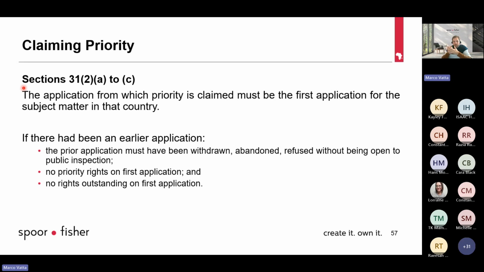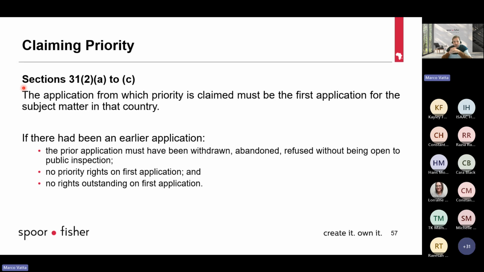And there is case law on this, which is commonly known as the Benz case, where the priority claim was invalid because the application from which it was claiming priority was not the first application in respect of that invention. There were earlier filed applications.